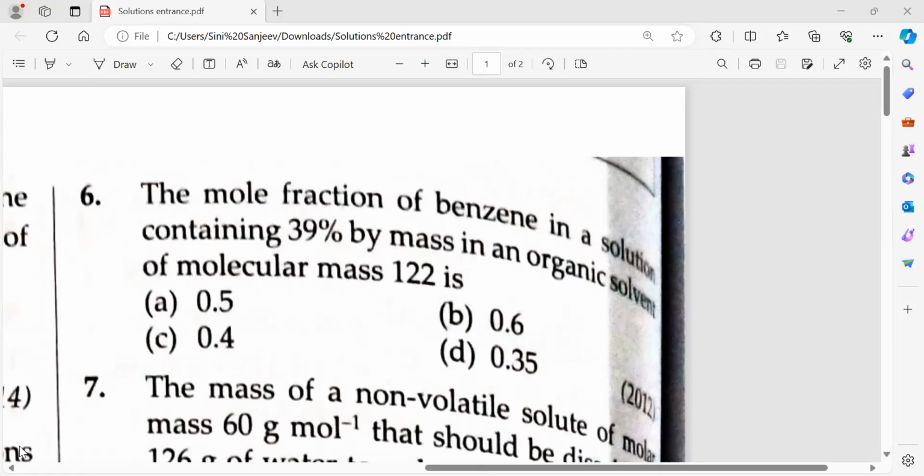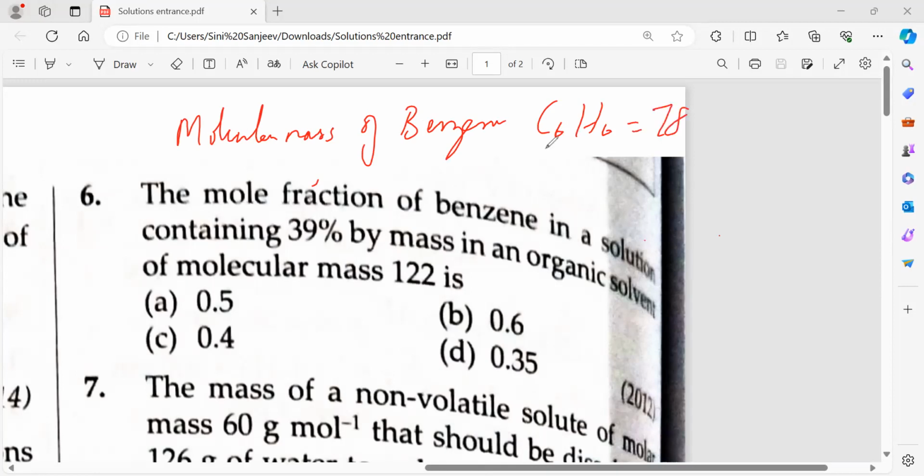Somehow, a standard thing we should know is the molecular mass of benzene. C6H6: 12 into 6 is 72, plus 6 is 78. I hope you know this. We always follow the triangle.